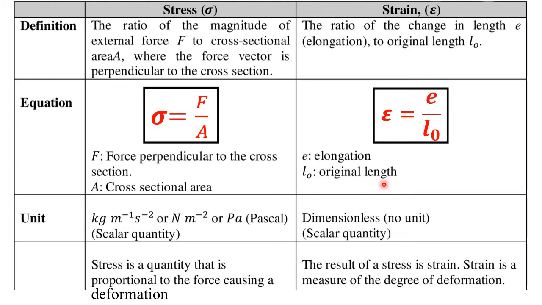If unit for elongation is meter, so unit for original length L0 should be in meter as well. Strain has no unit. It is dimensionless. Okay? And it is a scalar quantity. The result of a stress is strain. Strain is a measure of the degree of deformation.